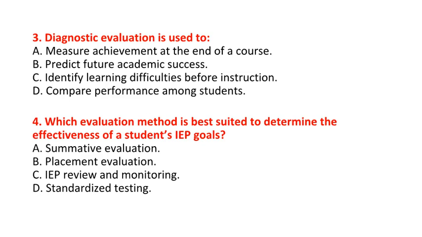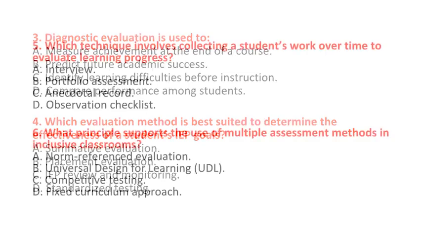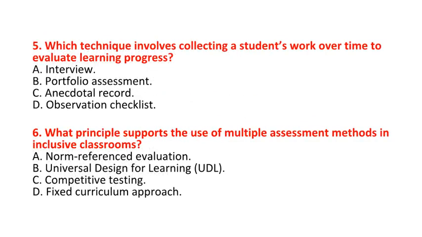4. Which evaluation method is best suited to determine the effectiveness of a student's IEP goals? A. Summative evaluation. B. Placement evaluation. C. IEP review and monitoring. D. Standardized testing. Answer C. 5. Which technique involves collecting a student's work over time to evaluate learning progress? A. Interview. B. Portfolio assessment.